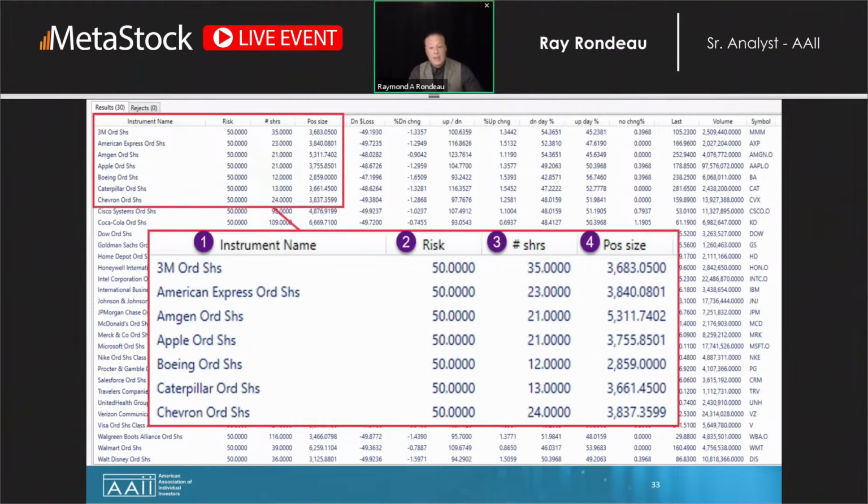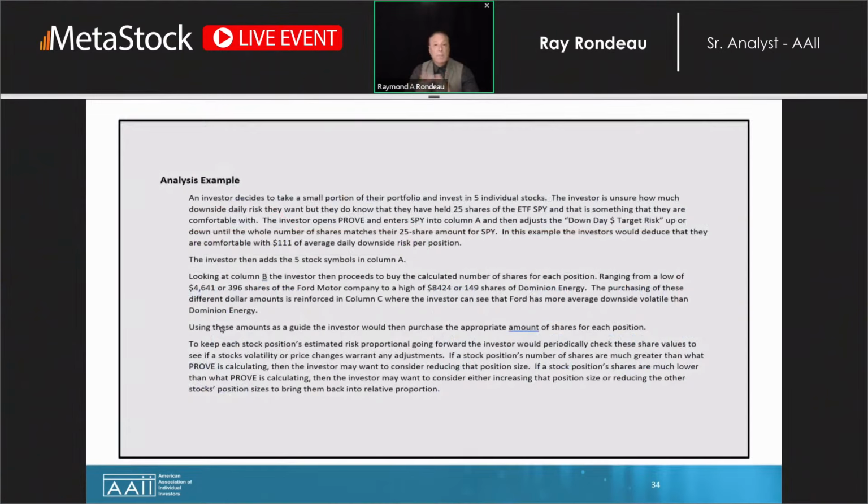In the Explorer, they can either scroll down a broad index of issues like the S&P 500 and find their stock in a list, or they can enter the stock into a new custom list and ProV would generate the number of shares and the dollar cost of those shares at the current price. You should buy XX number of shares as displayed in column 3 at a cost in column 4 to keep it balanced with the rest of the positions in your portfolio.